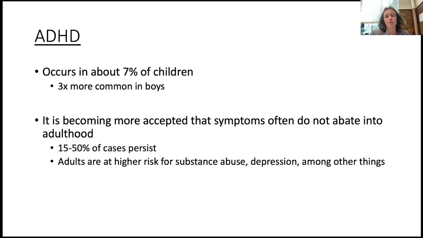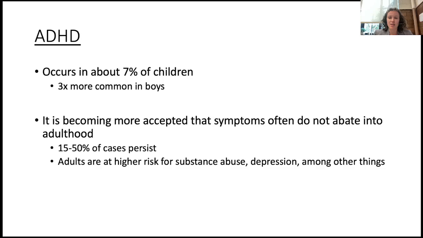And to wrap things up, folks, what is our more modern understanding of what ADHD is and how it presents? So it occurs in about 7% of all children. Still, we're seeing it's about 3 times more common in boys. So it is diagnosed at a greater rate in boys than it is in girls.